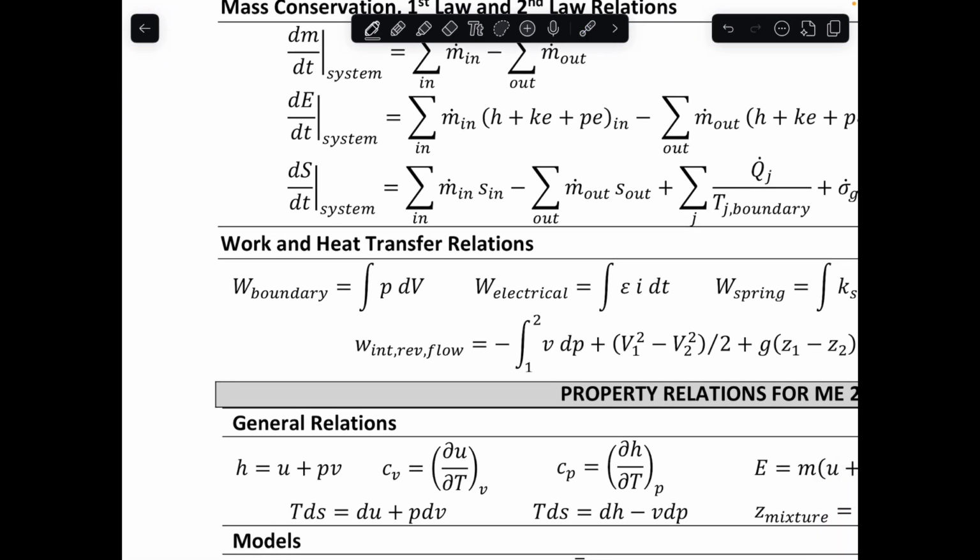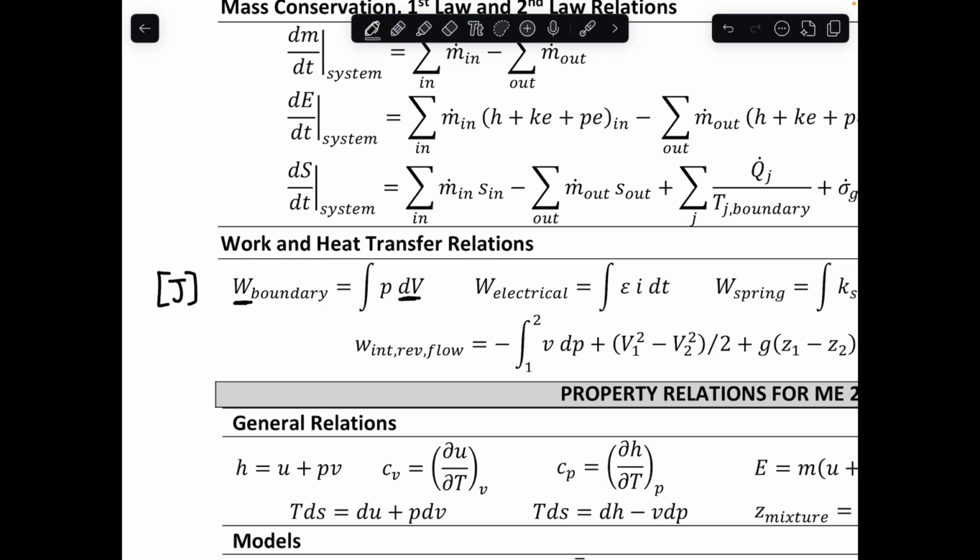And just a quick note on the version of this equation that you see here. This gives us a capital W and a capital dV version, which is the total work and the total volume. And so this will give us an answer in terms of energy, like joules or kilojoules or something like that.